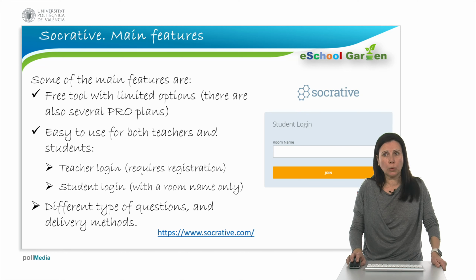By sharing this room name with our students, they can join our session. Although there are some pro plans, we will focus on a free version, which allows teachers to create just one public room for up to 50 students and launch one activity at a time.